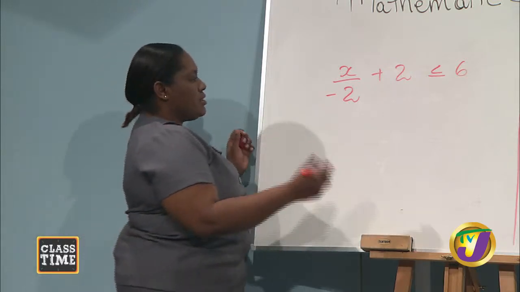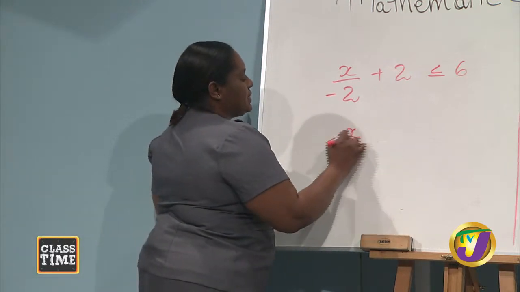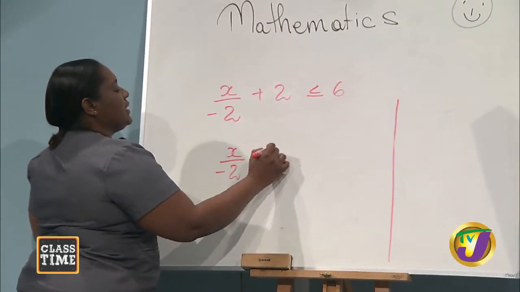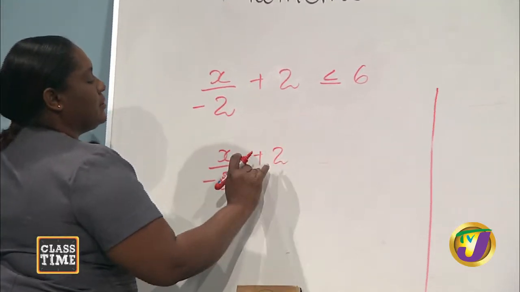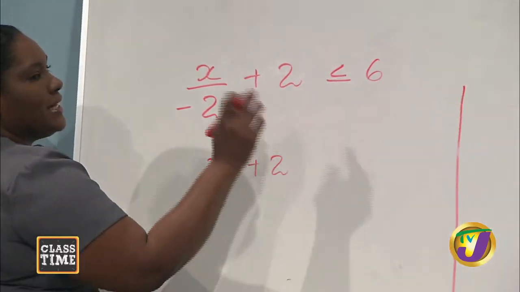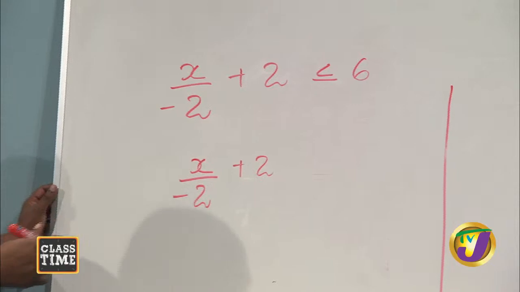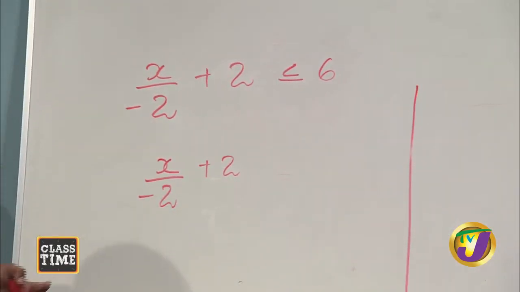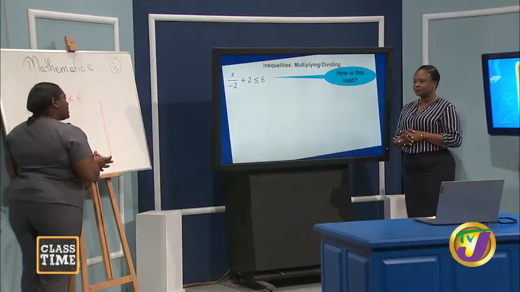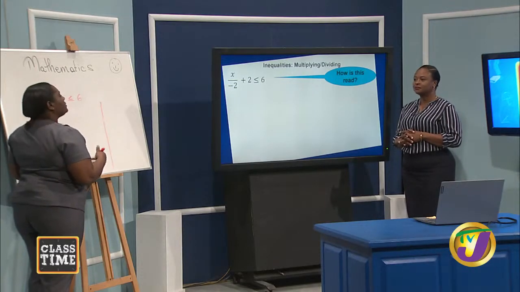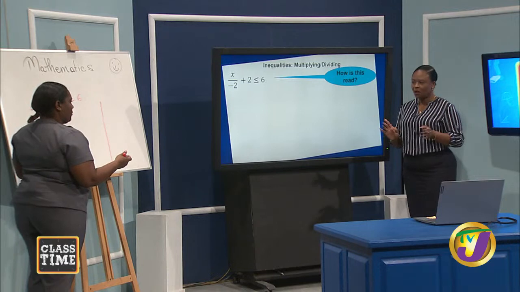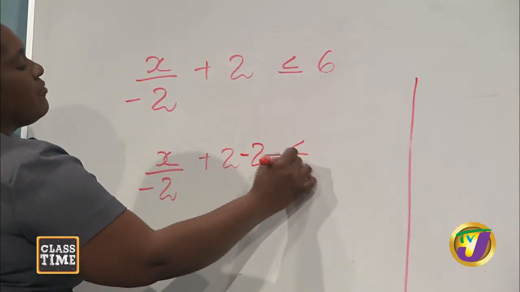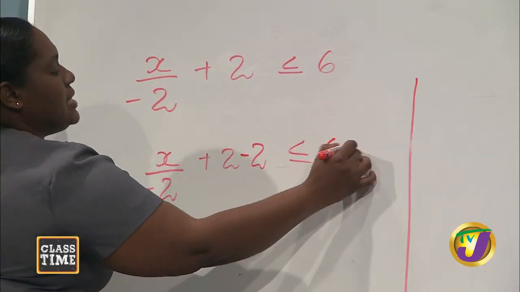So it's x that's divided by negative 2 that's added to 2 that's less than or equal to 6. Now, remember I said that we are going to be grouping like terms, which means that we are going to be transposing, and in transposing, we want to maintain the balance of the inequation. So we are going to be subtracting 2 from both sides of the inequation.